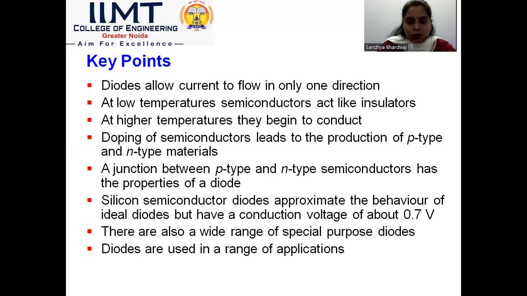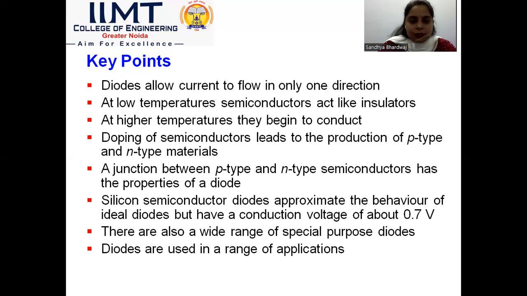A silicon semiconductor diode approximates the behavior of an ideal diode, but has a conduction voltage of 0.7 volt, and in germanium it is 0.3.